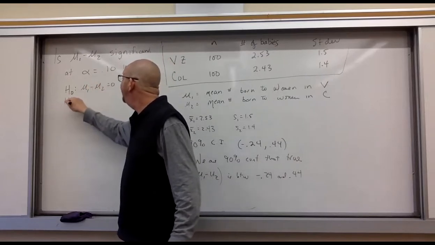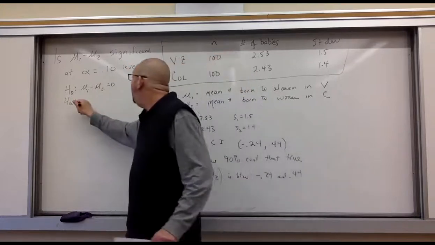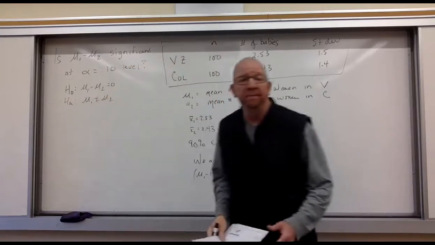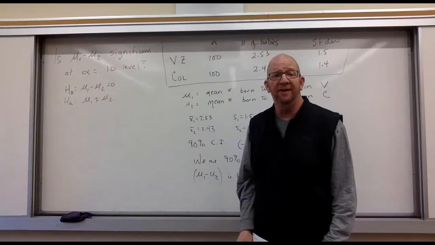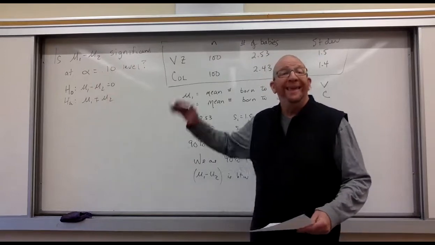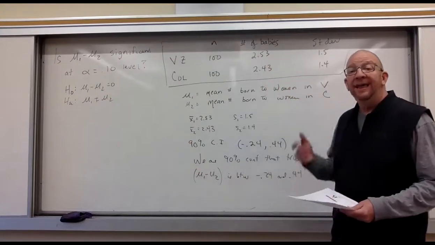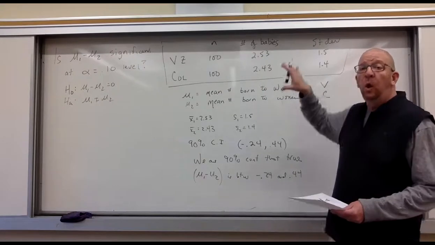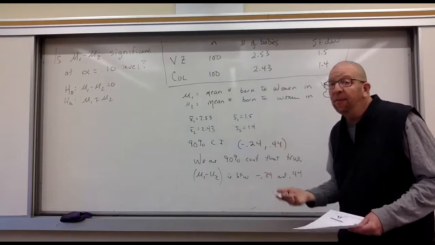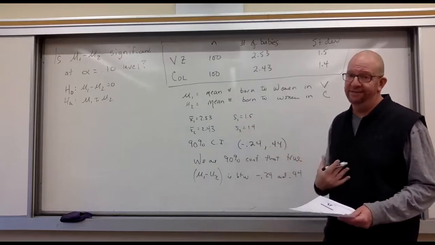Alternative hypothesis: in this case, we don't know who has more or less, so our alternative hypothesis will simply be that they're not equal. So the question is, when we run the significance test, if the null hypothesis were true, what's the probability of getting these results? And if that probability is higher than 10%, we fail to reject.